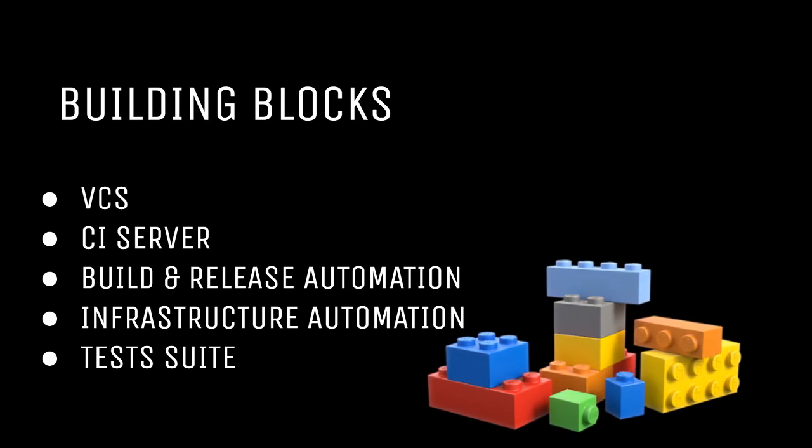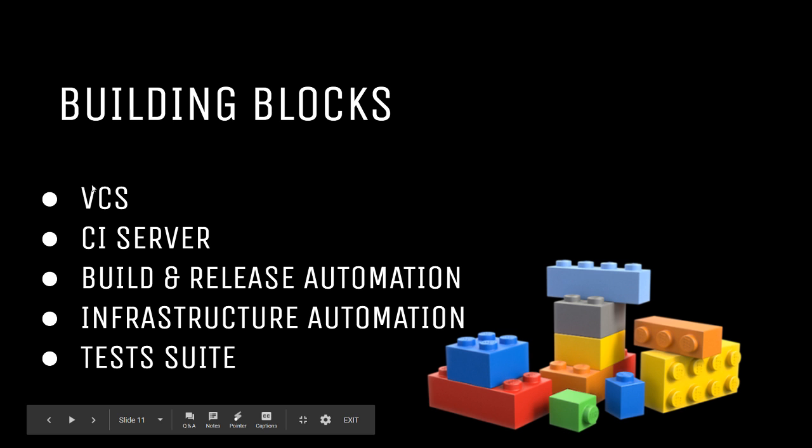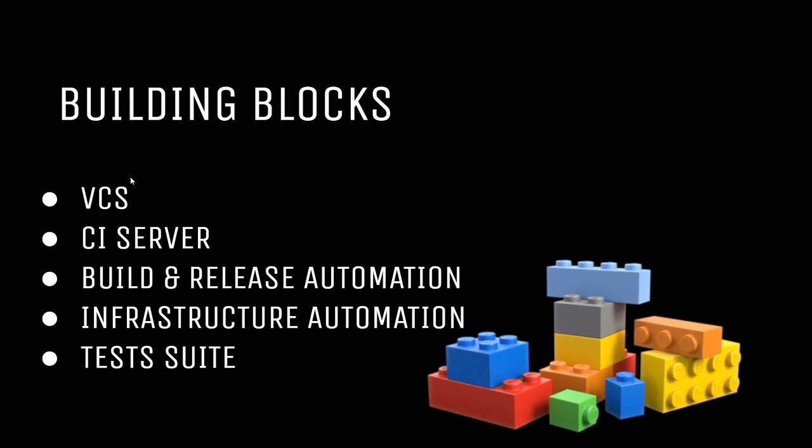And basically we have a few building blocks to ensure that this CI/CD process is possible. So at first we have version control system. We have CI server, we have build and release automation tools, infrastructure automation tools, and test suite. So basically, VCS is a place where you store your code, and a good example might be Git or GitHub, Bitbucket.